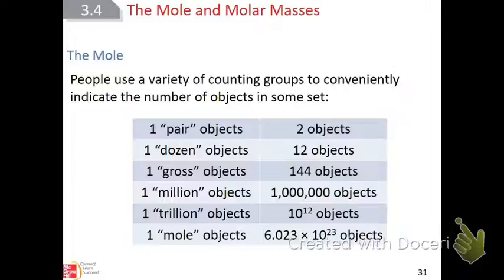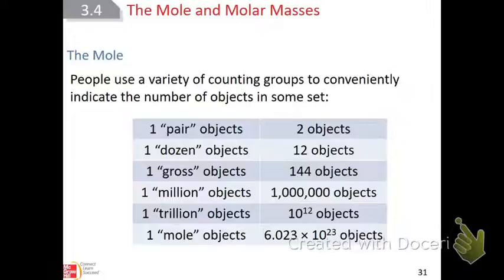But atoms are so small that it's ridiculous for me to ask you to go get me a dozen atoms of hydrogen or a dozen atoms of oxygen. We can't even see an atom.